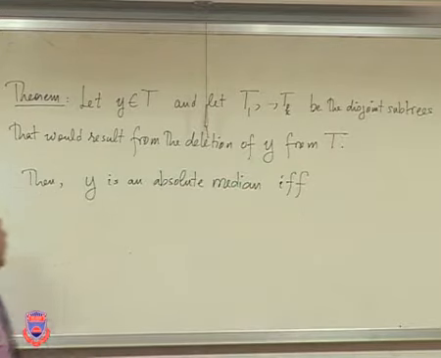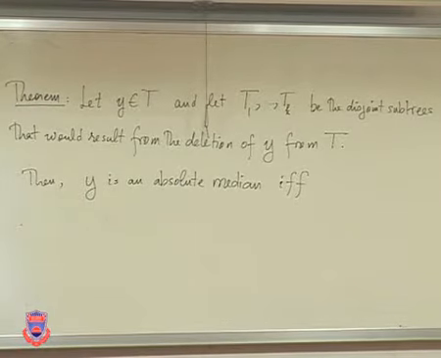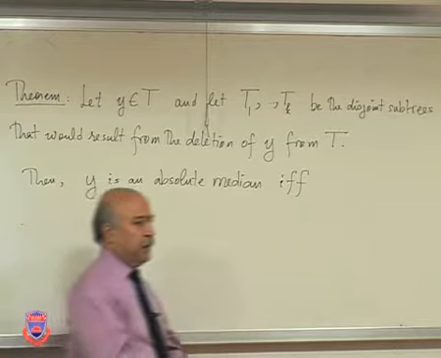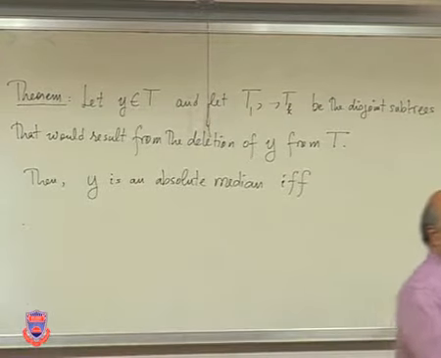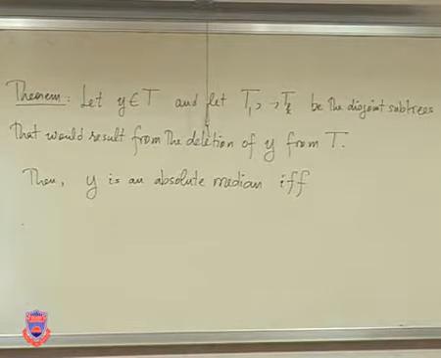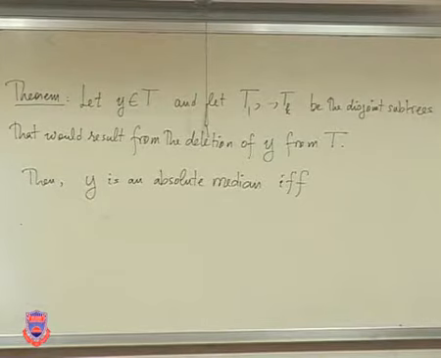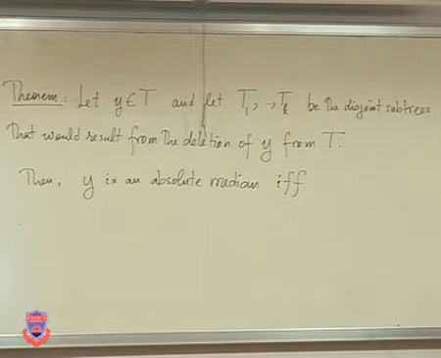Then Y is an absolute median if and only if something about these subtrees is true. What is that thing? No, they don't have to be equal. Yes, okay. In what way?